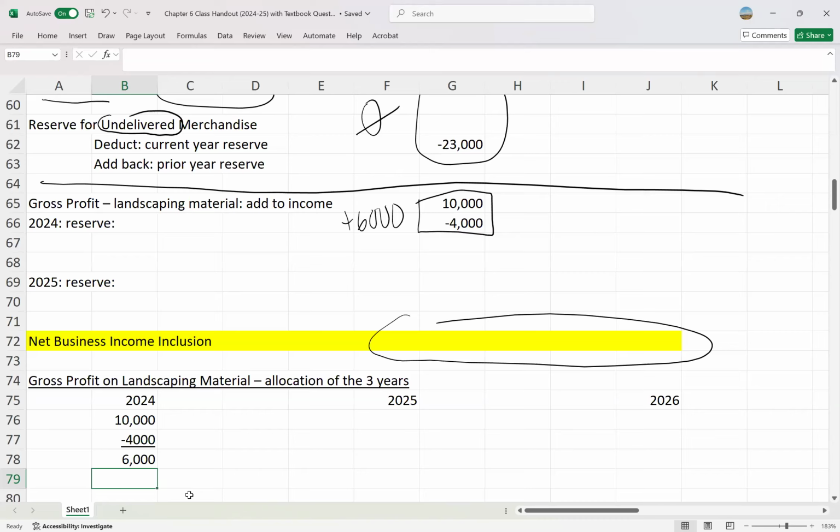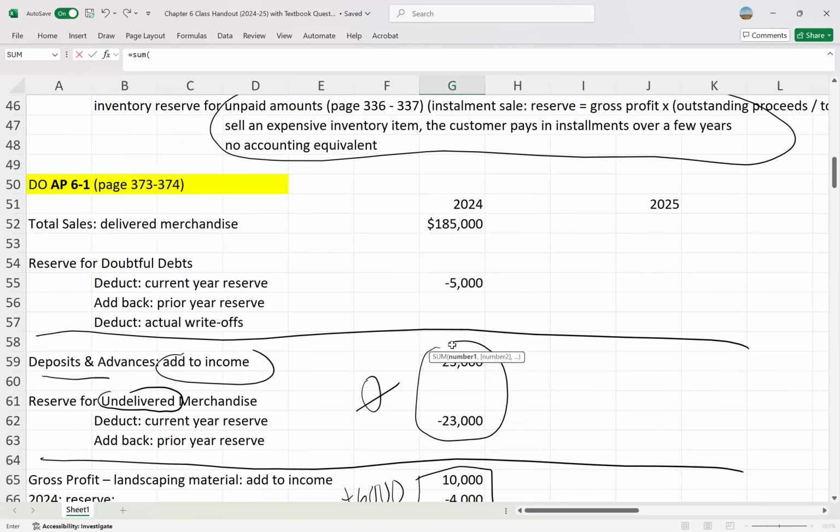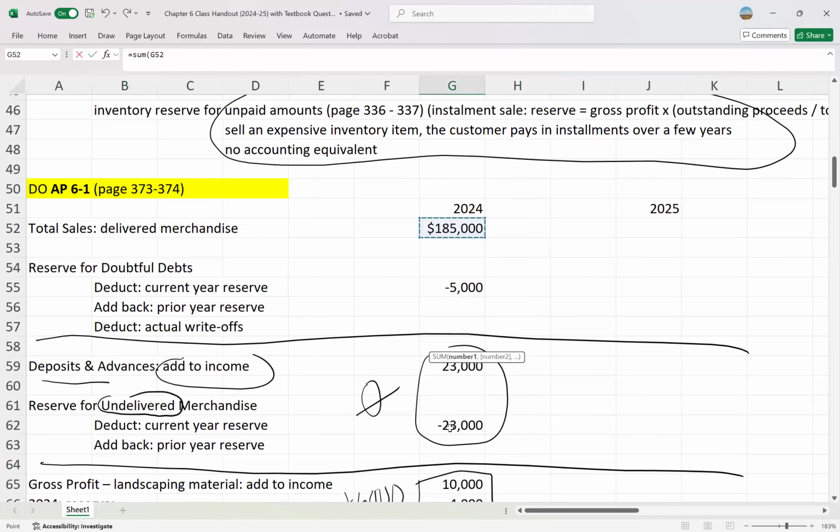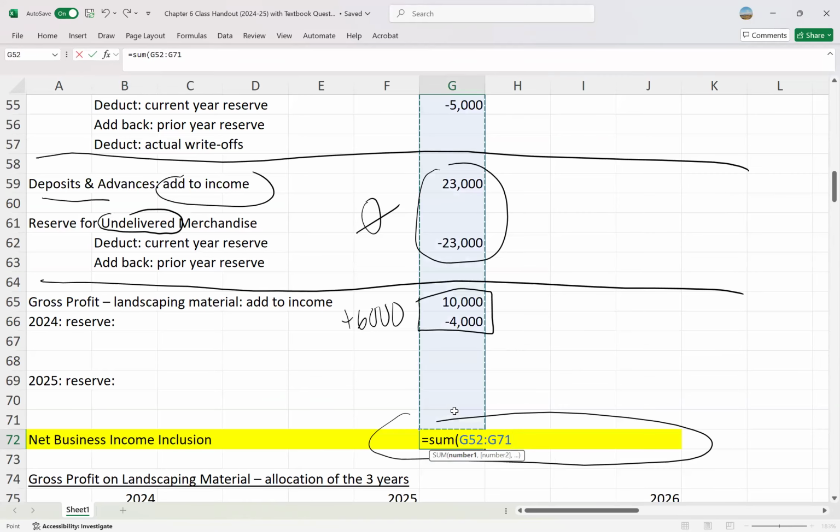So the first year, we're only going to bring in 6,000. And then we can just quickly add up the total for this 2024 year. And so the total net business income will be 186,000. Any questions before we move to 2025?